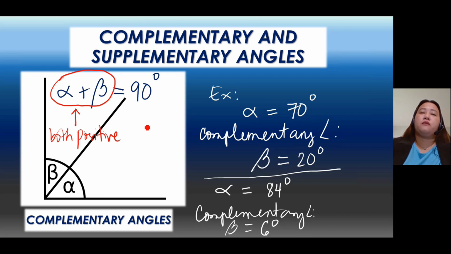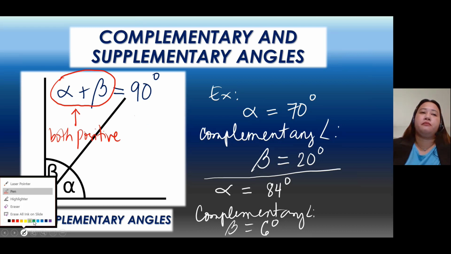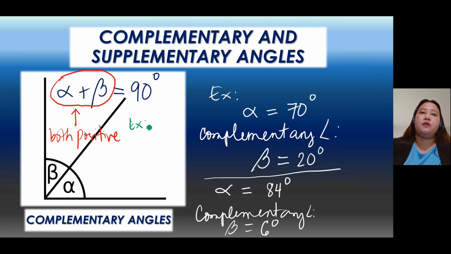So for example, if you are given alpha, which measures negative 10 degrees, what would be its complement? Of course, its complement would be none, because the condition for complementary angles is both should be positive.